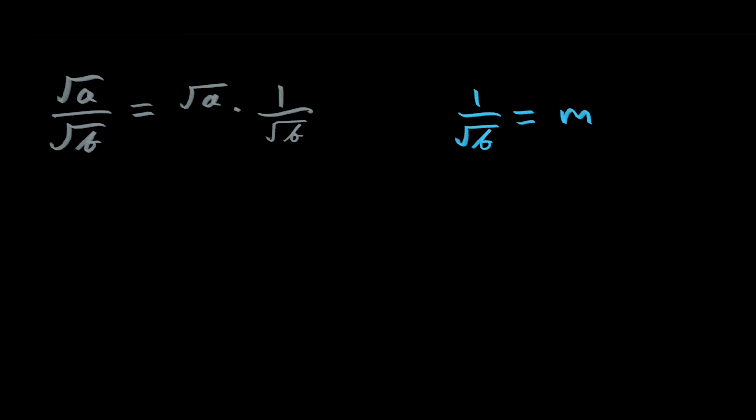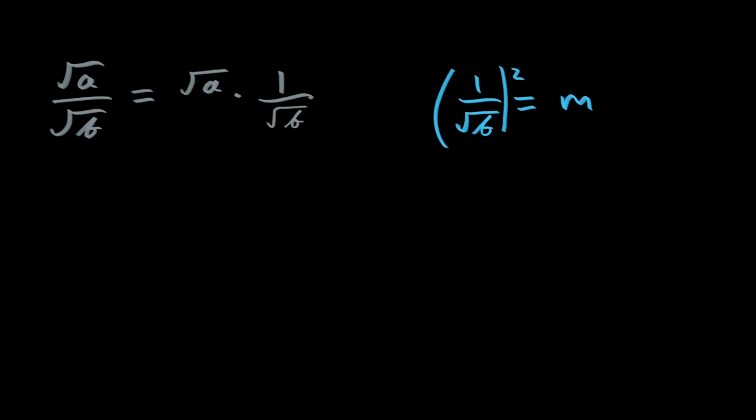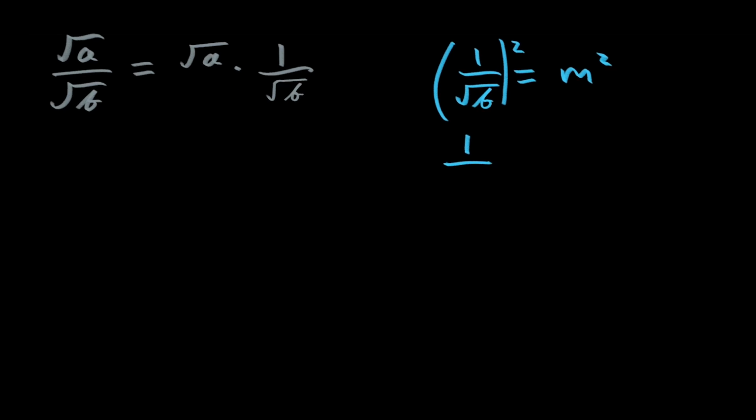Okay, and let's square both sides. So when we square both sides, this is what we'll get. And distributing the square on the left-hand side, we'll just get 1 squared in the numerator, no need to write that, over the square root of b squared, but the square will cancel the square root, so we'll just be left with 1 over b.